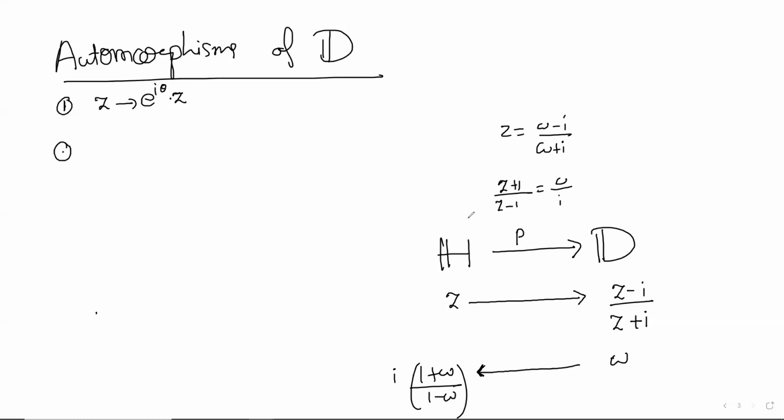If z goes to this, and you call this equal to w, then... wait, what? How do you find the inverse? Okay, let's just do it.